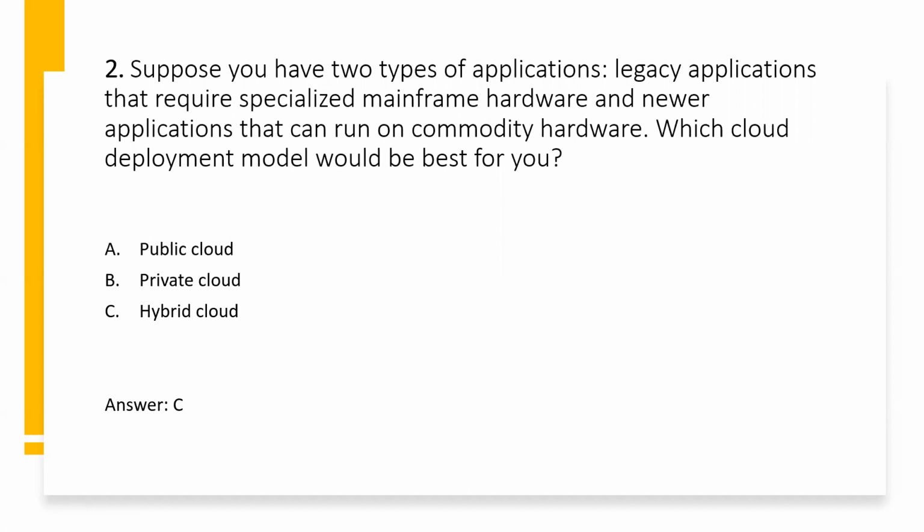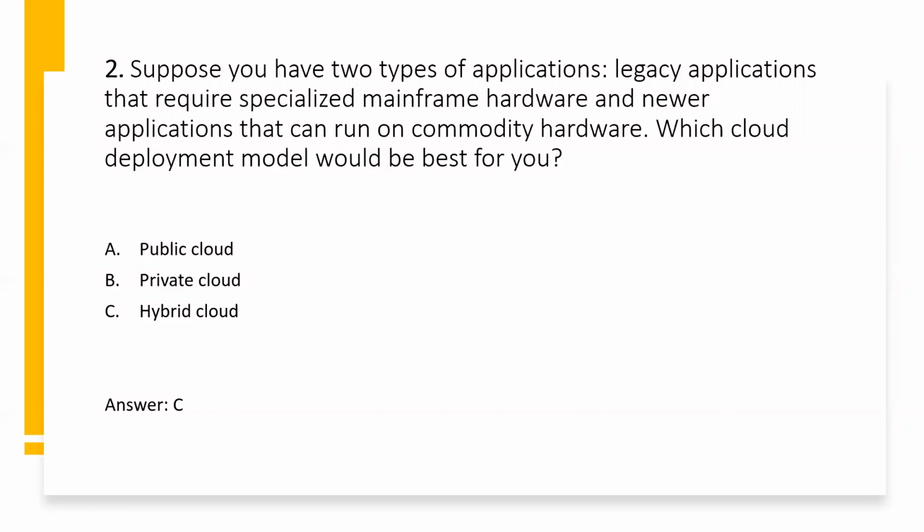Let's check the answers. Public cloud. So public cloud, where you are sharing resources with other tenants. It's multi-tenancy. So here, if you are using public cloud, you are keeping all your resources in the cloud.